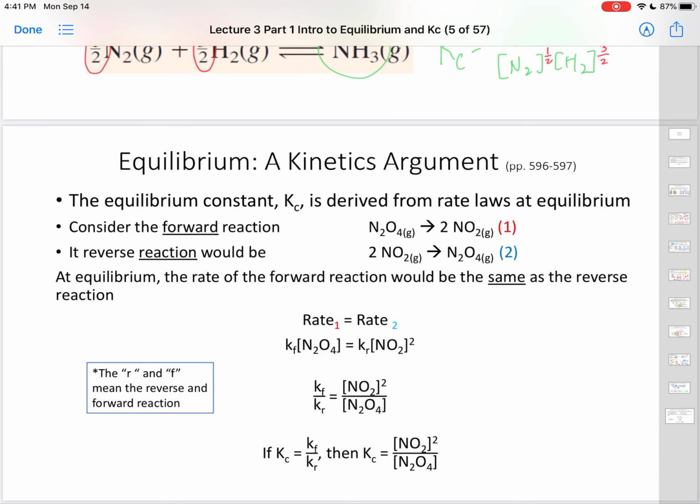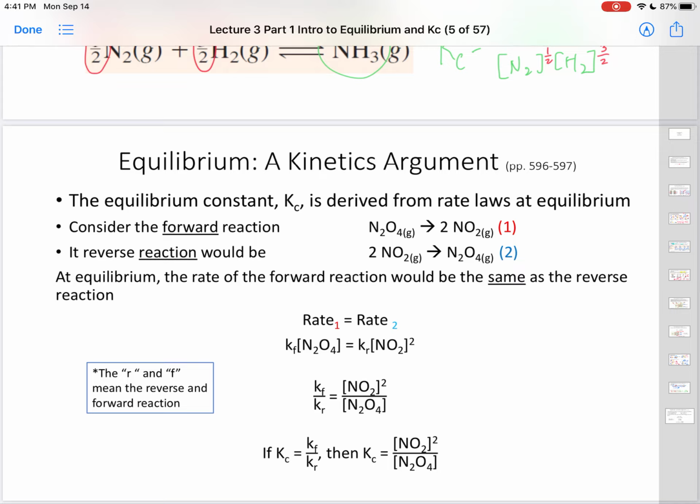So really, where does this whole term or this variable Kc, this equilibrium constant expression, come from? Okay. So this is just a little side note. Okay. The equilibrium constant Kc is actually derived from the rate laws at equilibrium, and the rate laws are from the previous chapter, chapter 13.